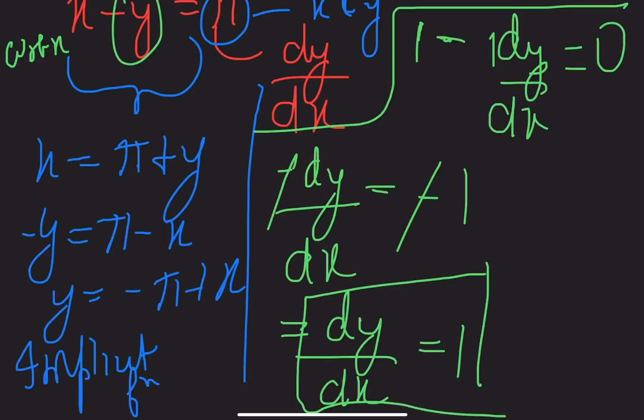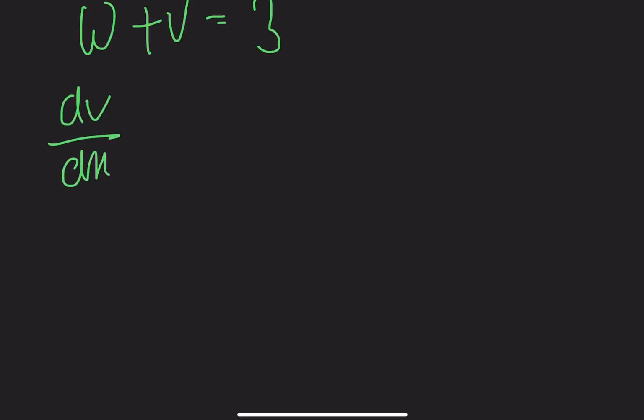Okay. So similarly, I'll just give you an example to show how to introduce it. You have this question, w plus v is equal to 3. This is a question where I have to find dw by dv. Okay, I have to find dw by dv. So I have to differentiate it with respect to v.